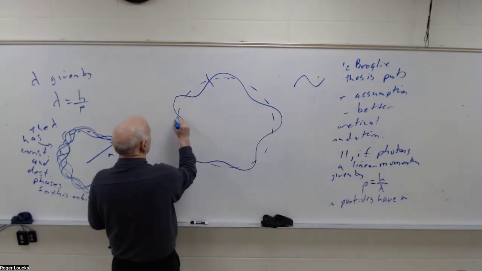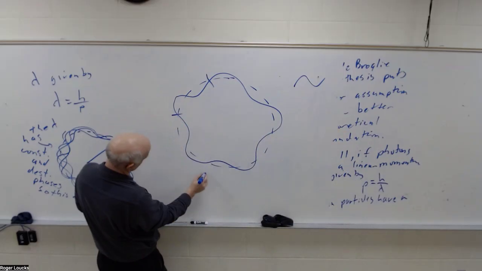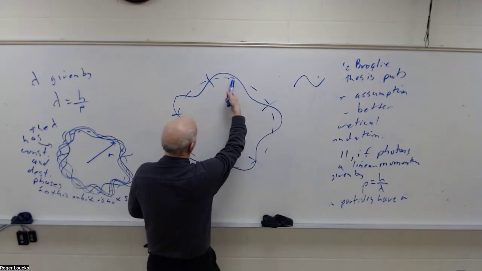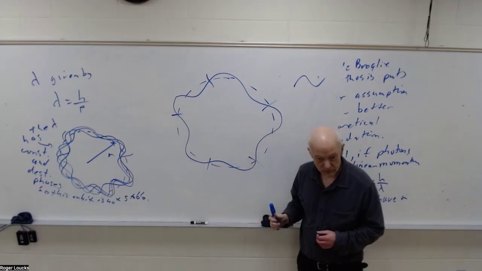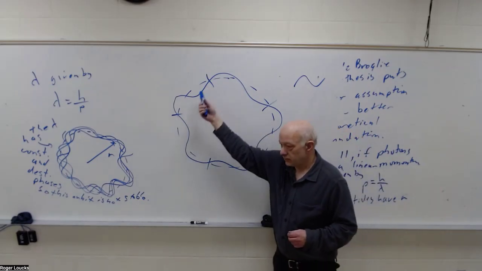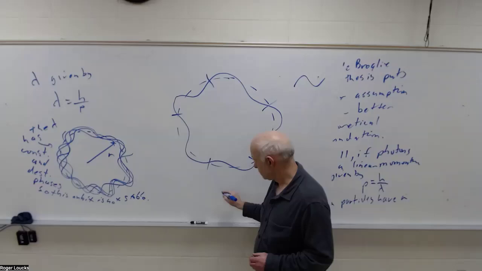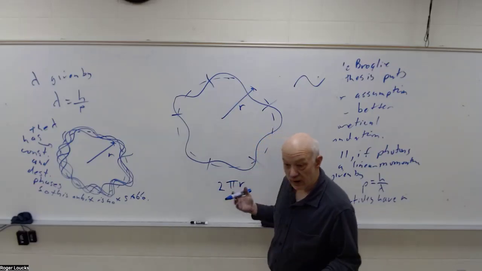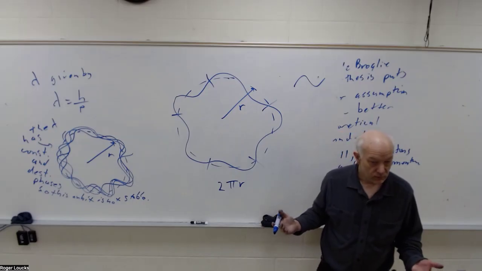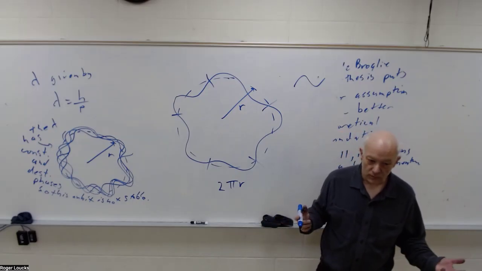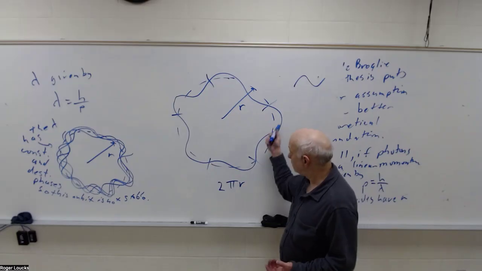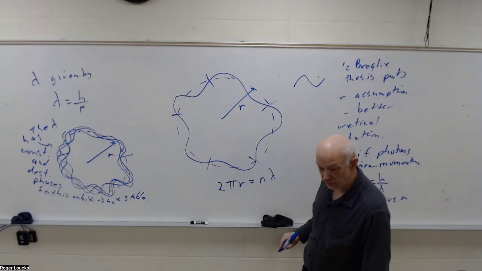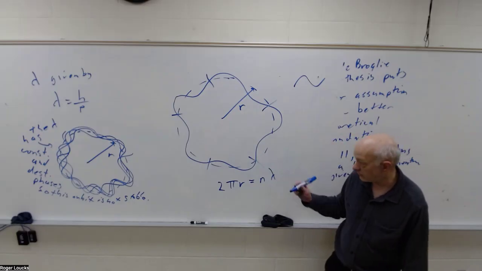One wavelength, two wavelengths, three wavelengths, four wavelengths, 5 wavelengths. So what's the distance around here? 2 pi r. This is r. And this is going to be five wavelengths. Okay, generalize it. The stable orbits, the distance around here, equals an integer n times the wavelength.